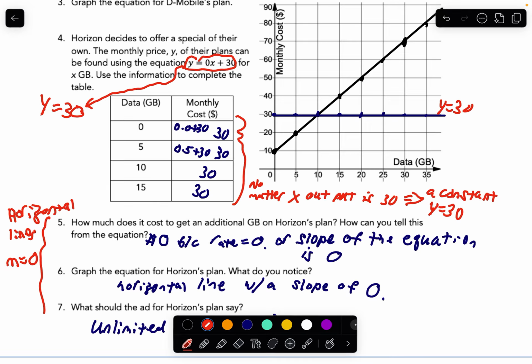And that's pretty much it. And just as a refresher, this equation is y equals 10 plus 2x, if x is the number of data gigabytes.